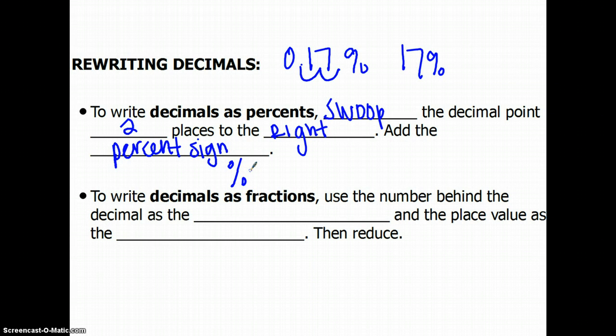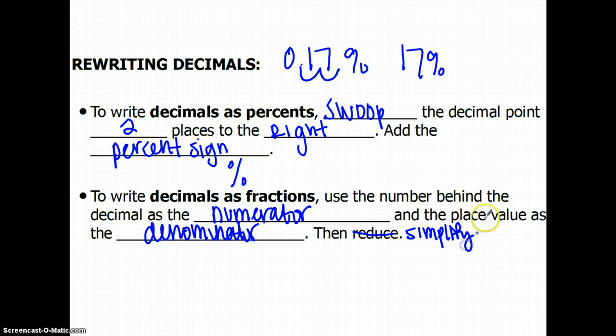So lastly, to write decimals as fractions, we use the number behind the decimal as the numerator and the place value as the denominator. Then we simplify, cross out, reduce, write simplify. Okay?